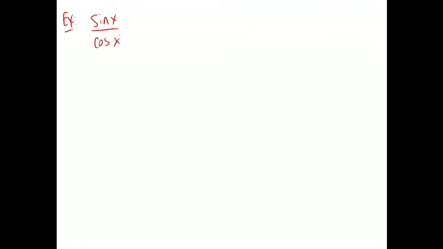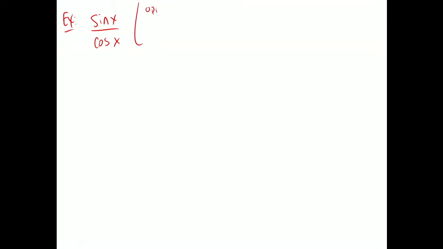But let me just say before we launch into this, sine of x over cosine of x, what are those guys? Remember from our trig review. Maybe don't write this down, but just listen. So sine is what?